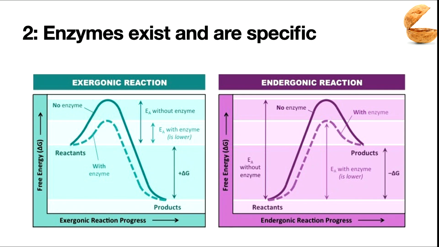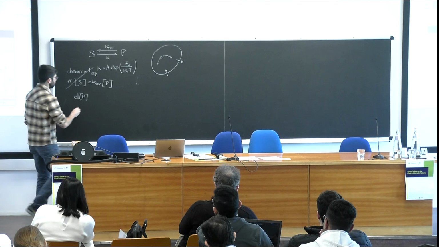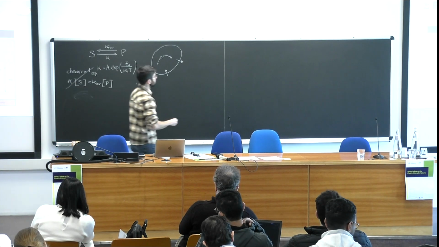Okay? So imagine that we are out of equilibrium, and we don't have any product, and we have this reaction occurring, and we forget about the reverse reaction. So I'll write here, otherwise you will not see.